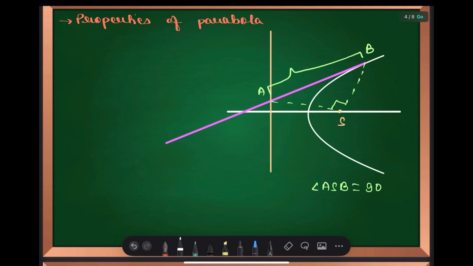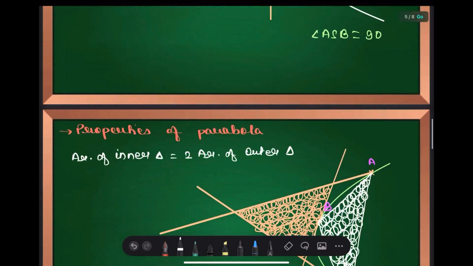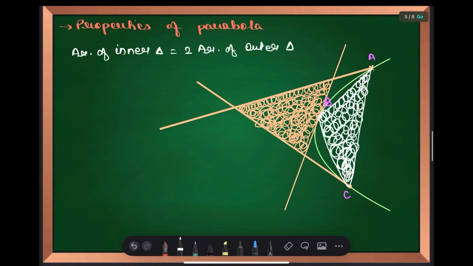The angle subtended at the focus by the portion of the tangent up to the directrix will be 90 degrees. And if you select three points and draw the triangle formed by the tangents, outside the curve, and a triangle inside because of those three points, the area of the inner triangle will be 2 times the area of the outer triangle.